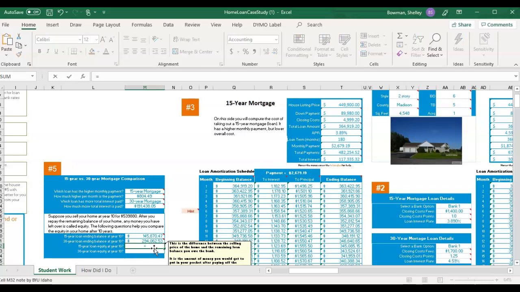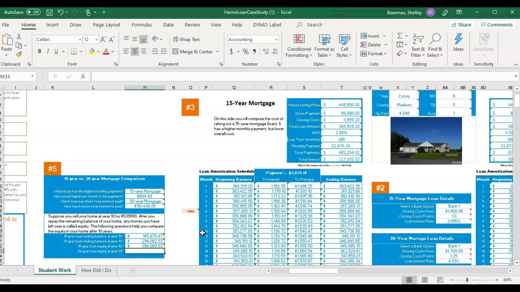So I'm going to do equals, and I will actually have to type in 539,880 subtract what I have left to pay off for the house.